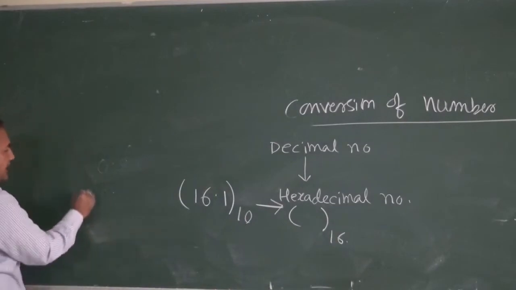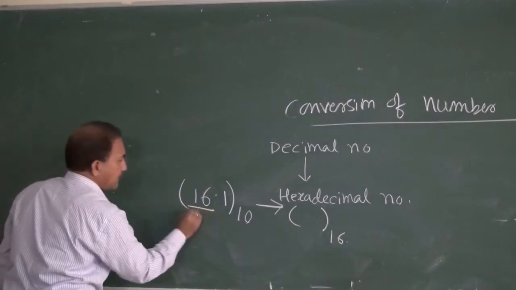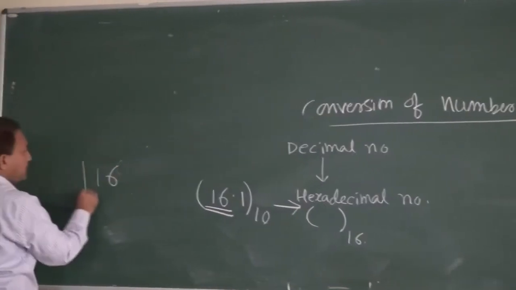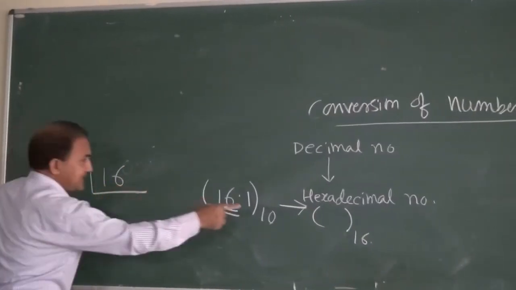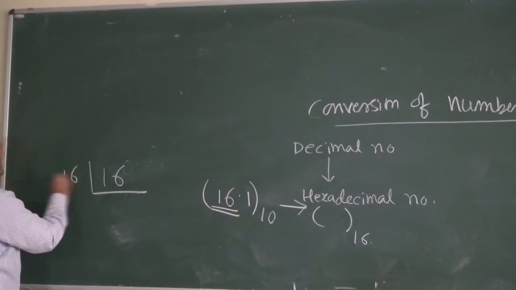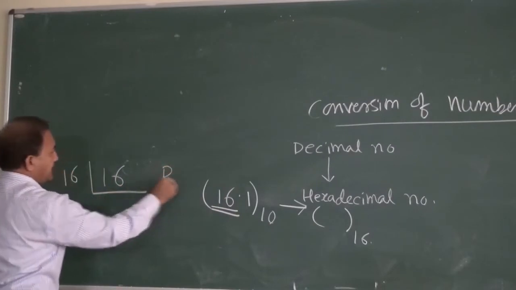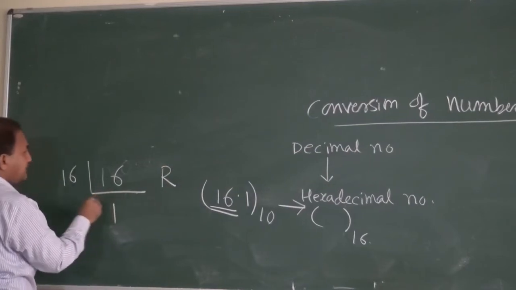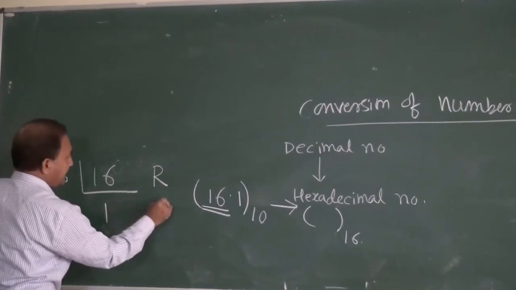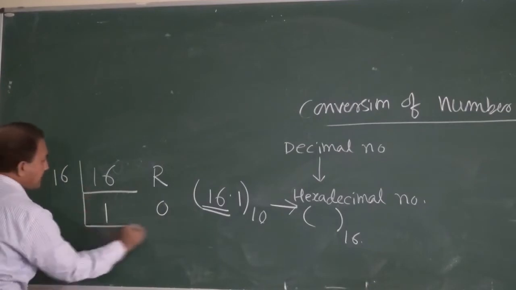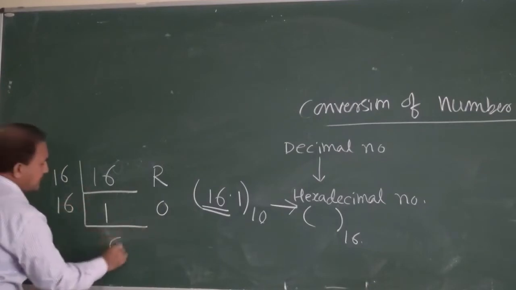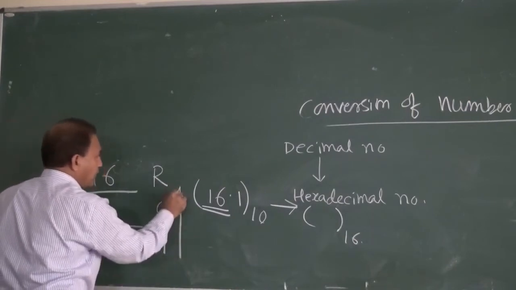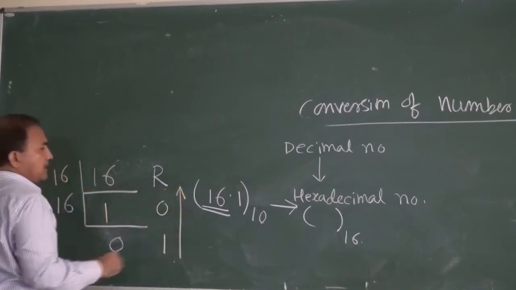The process is the same. For the integral part 16, you have to divide it by the base 16 and see the remainder. It is 1 here, the remainder is 0, then 16, 0, 1, and you have to go from bottom to top.